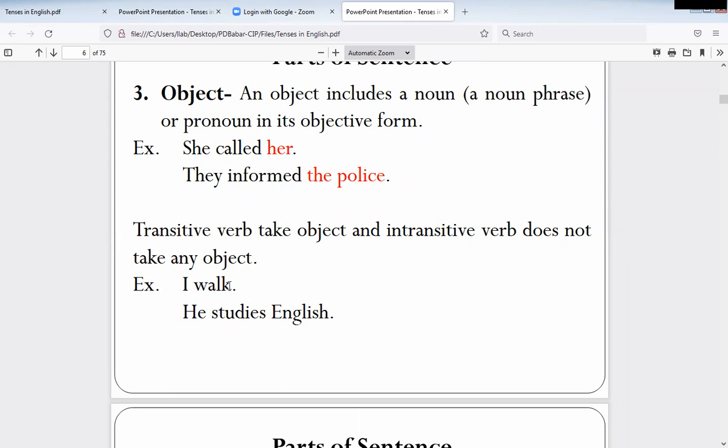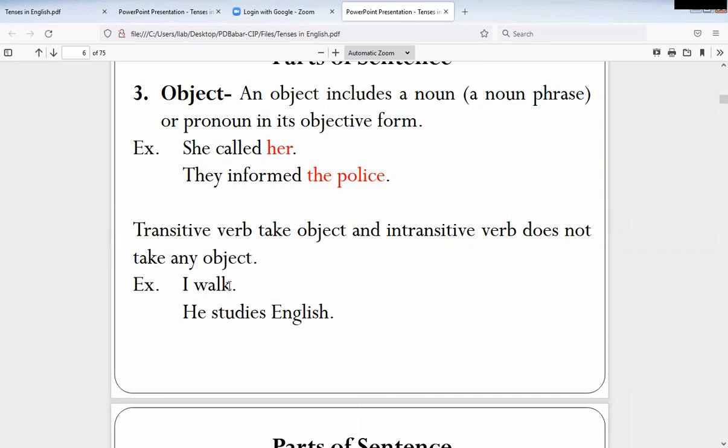I walk. In this sentence, can you find any object? No. I walk. There are only two words. I is the subject and walk is the verb. In this example, there is no object following the verb, and that's why here walk is the verb and it is called an intransitive verb.